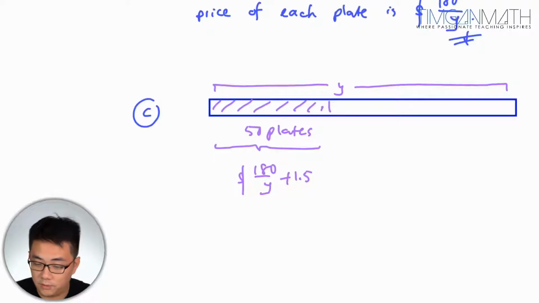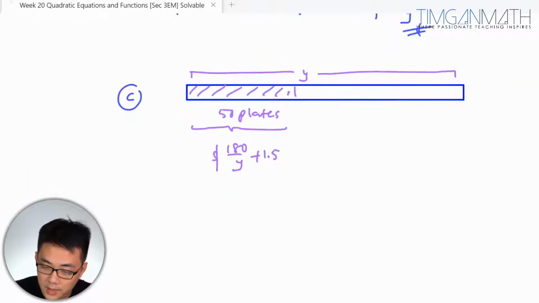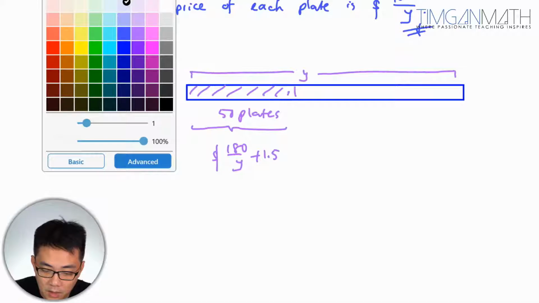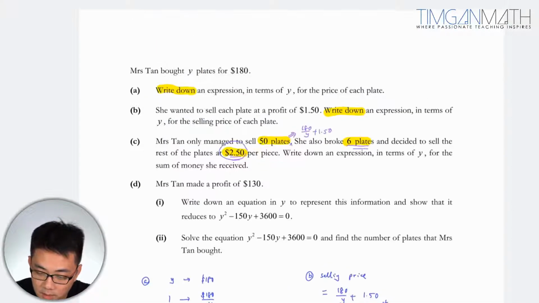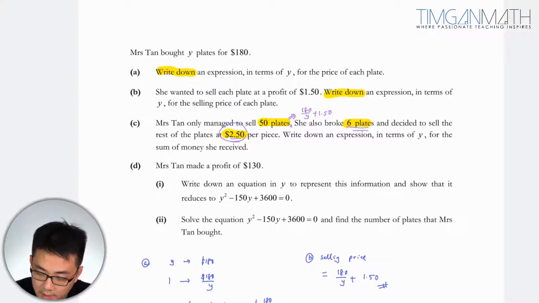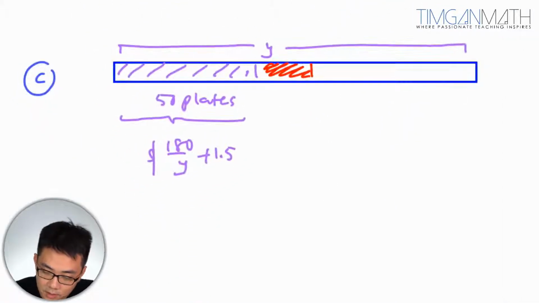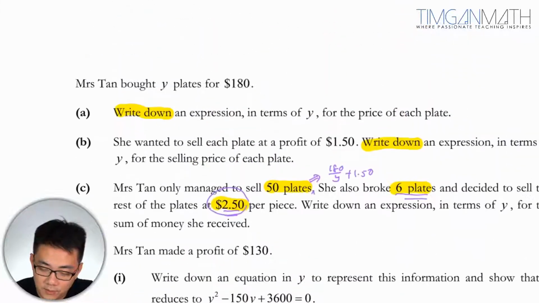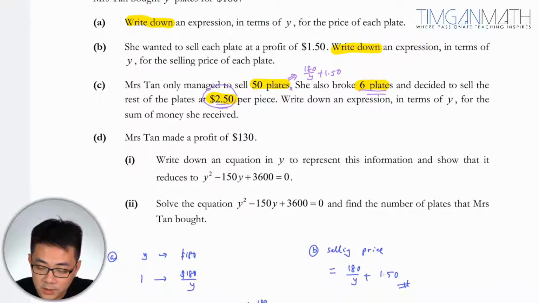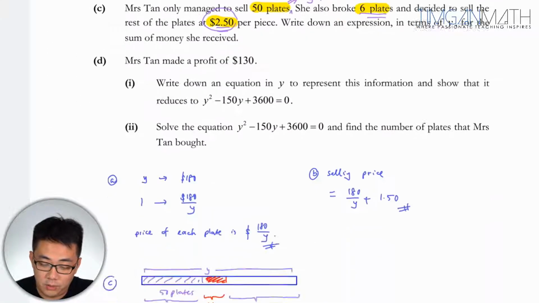And the next thing, there are 6 plates which are broken. And the rest will be sold at 250. This is what the question is trying to say. Write down an expression in terms of Y for the sum of money she will receive.